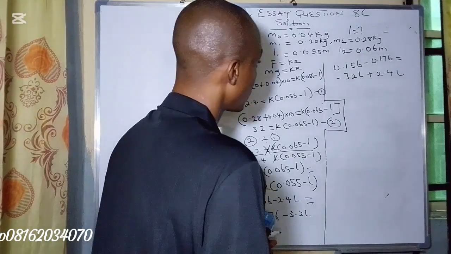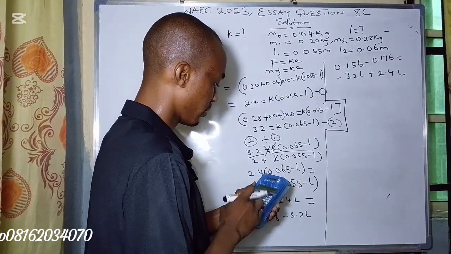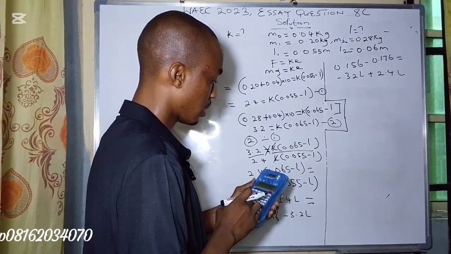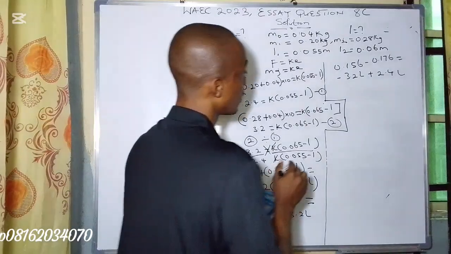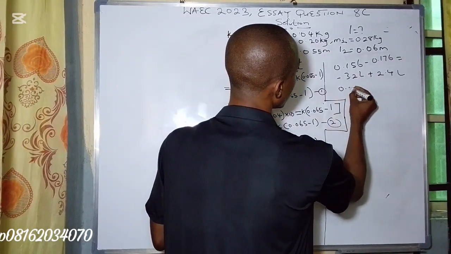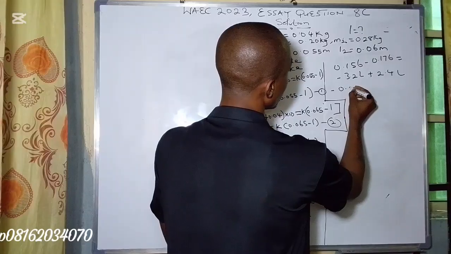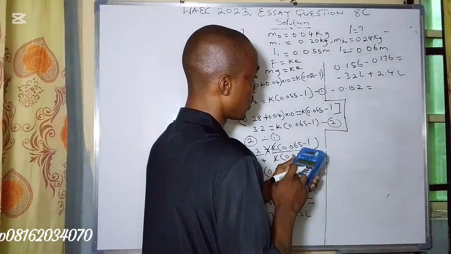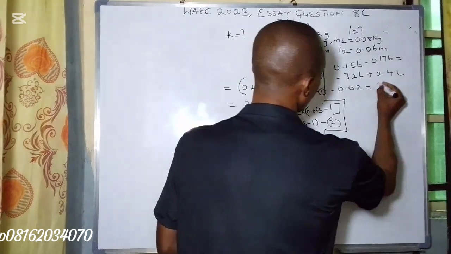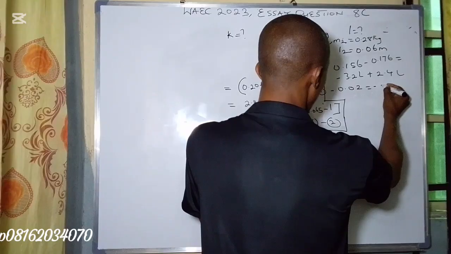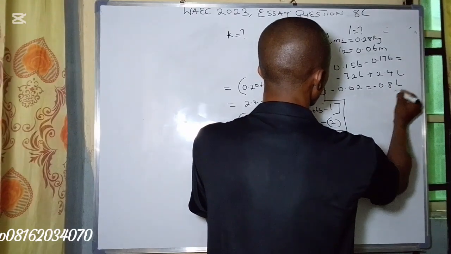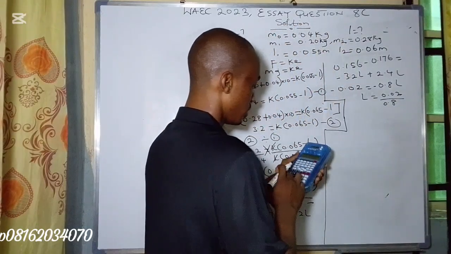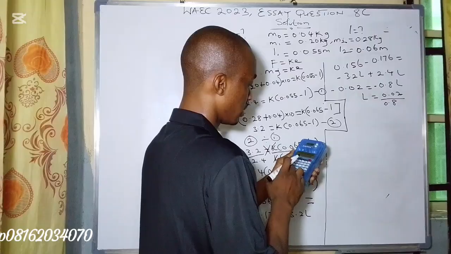Okay, let's see what that would give us. 0.156 minus 0.176, I'm having negative 0.02 equal to negative 3.2 minus 2.4, I'm having negative 0.8L. So my L should be equal to 0.02 divided by 0.8.